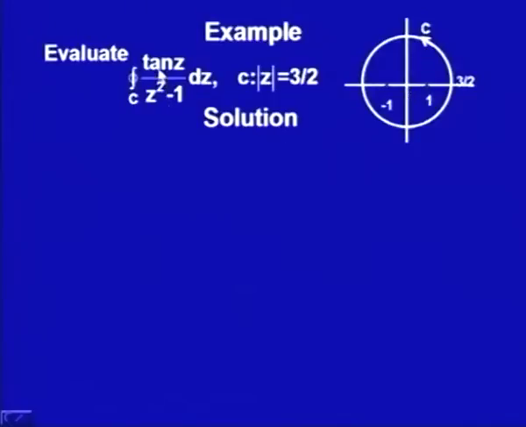Let us see now this function, tan z upon z square minus 1, this integrand. We see that this function is again of the form p z upon q z. So, it will have singularities wherever the denominator has zeros, or we simply see that this function fails to be analytic at z equal to plus and minus 1.